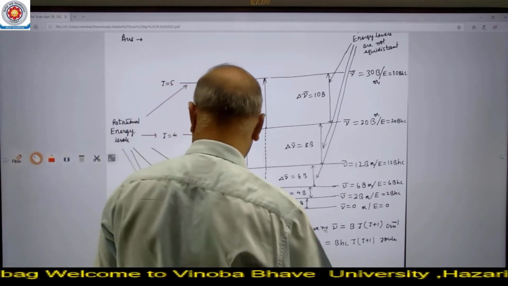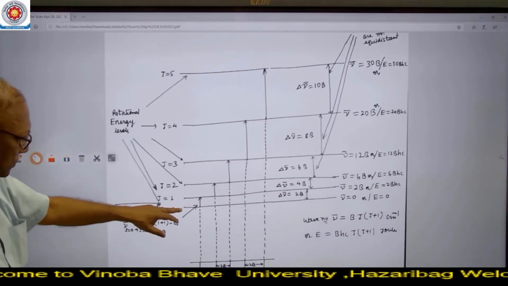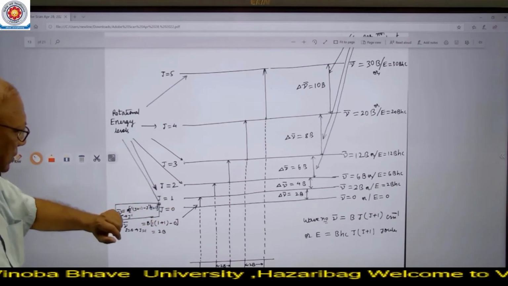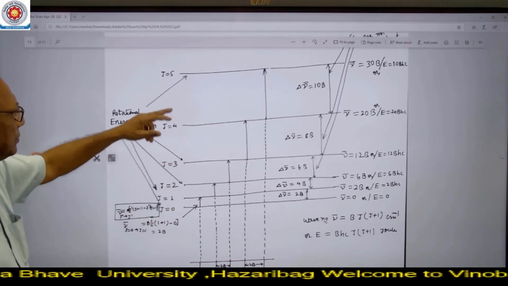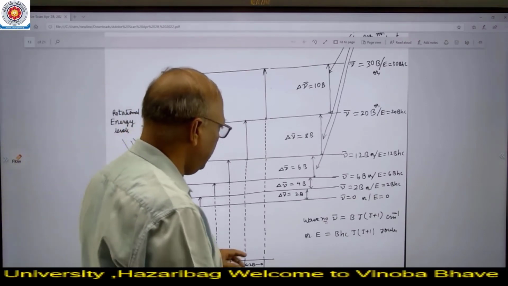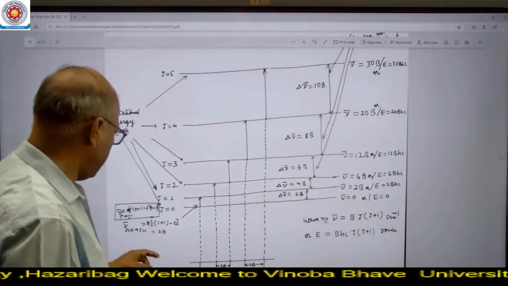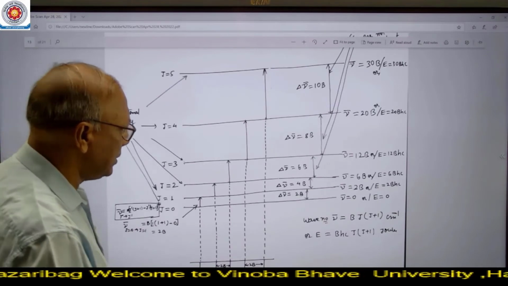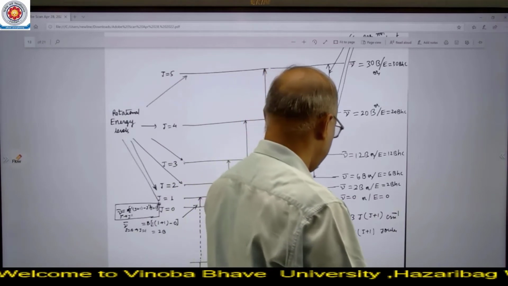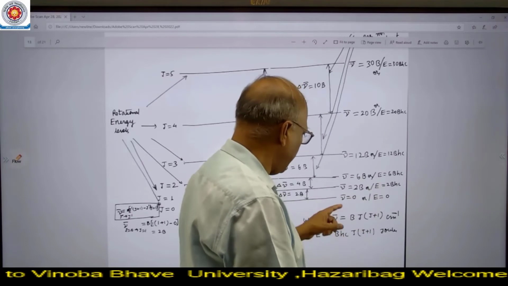So again we have some energy levels. This is J equal to 0, the lowest energy level, J equal to 1, the first energy level, J equal to 2, the second energy level, J equal to 3, the third, and so on. The energies of these energy levels can be given by the expression either in terms of energy or in terms of wave number.